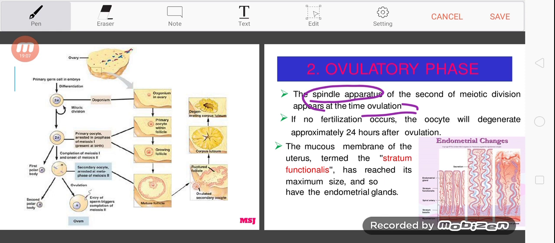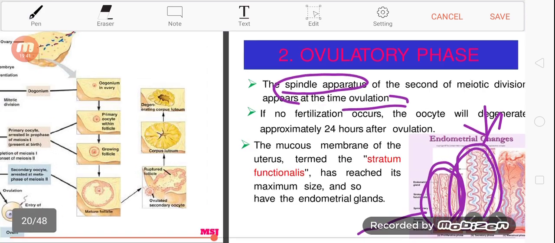The mucous membrane of the uterus, termed the stratum functionalis, reaches maximum size. It develops in the proliferative phase, proliferating to its maximum size under the influence of estrogen, and then when ovulation occurs, the endometrium enters the secretory phase.